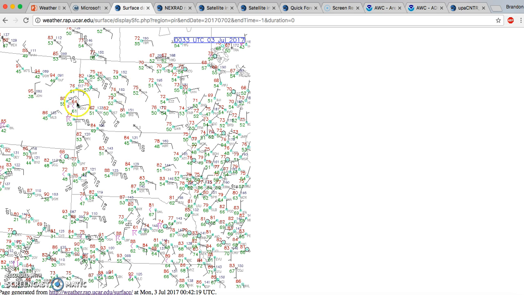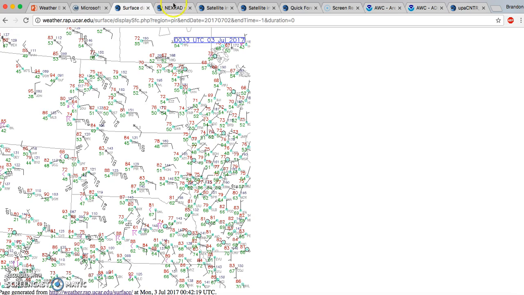If you look off to the western part of the state, you can see more like 15 knot winds, some thunderstorms, and a lot warmer temperatures, like 95 and 94, 86, compared to our 73 or 74 in Fargo.